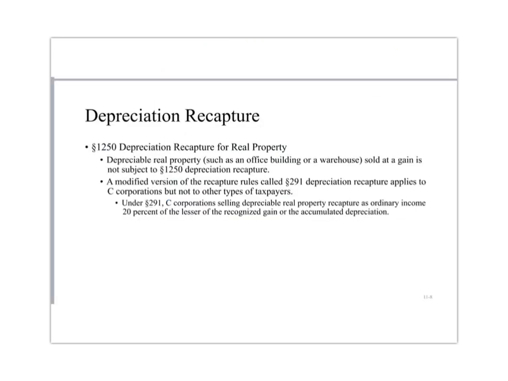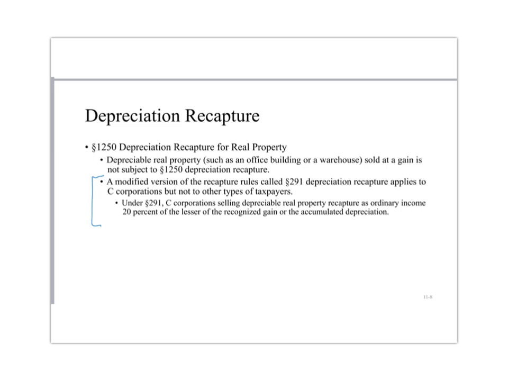All right, let's talk briefly about Section 1250 property. Section 1250, there used to be depreciation recapture for real property. That has pretty much ended, except for in the case of C corporations.